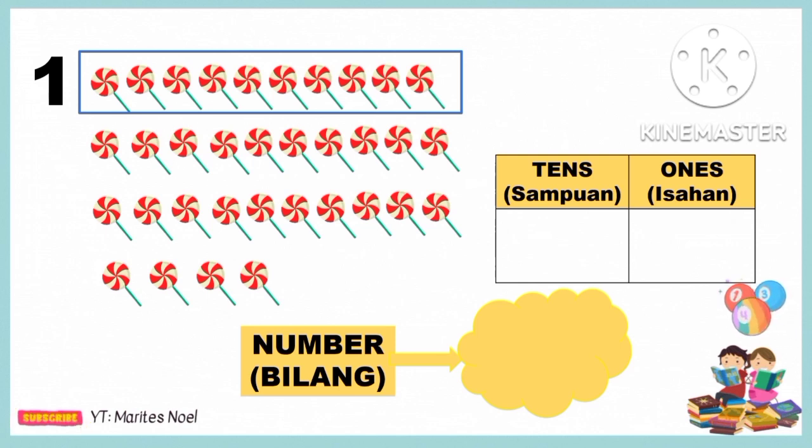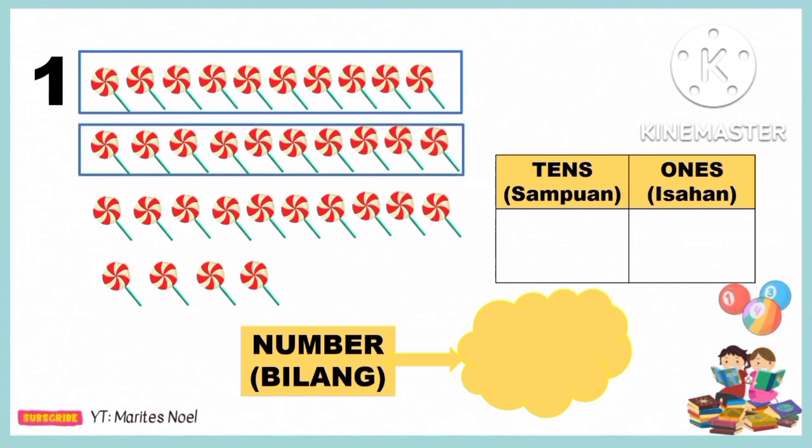Let us proceed. 1, 2, 3, 4, 5, 6, 7, 8, 9, 10. Mayroon na tayong pangalawang 10. In English, we had 2 tens.